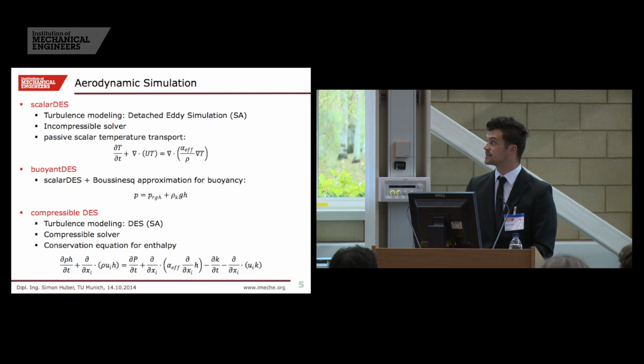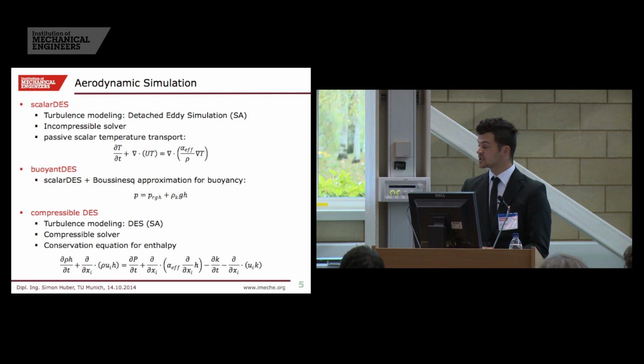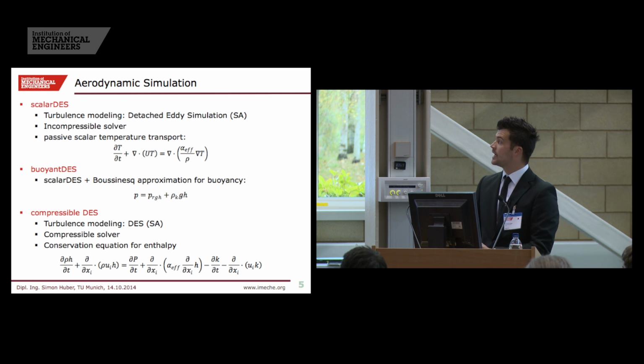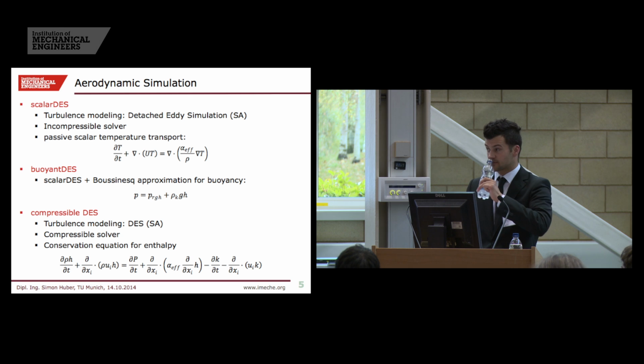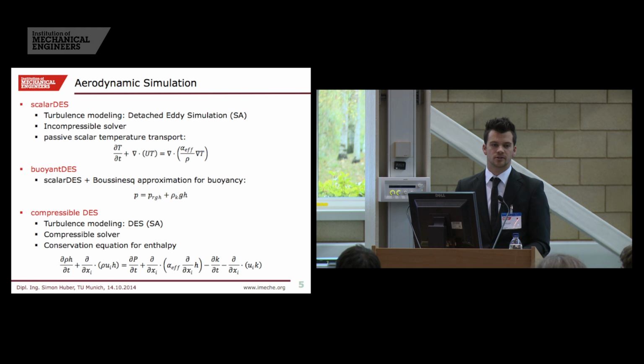The first one is called the scalar DES. As turbulence modeling, we have the detached eddy simulation model with the Spalart-Allmaras RANS model. This one is an incompressible solver, and it is extended by a scalar passive temperature transport equation. So this means we have no retroactivity from the temperature field onto the flow field.